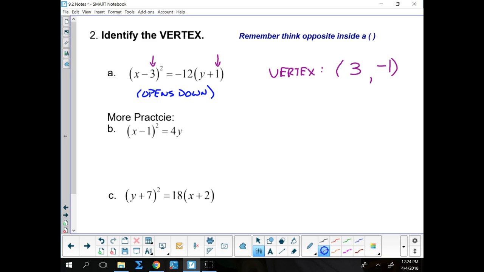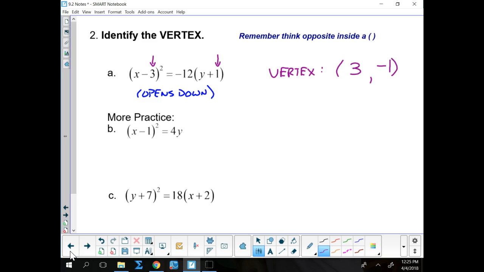B. Tell me which way it opens. Tell me what the vertex is for B and C. Tell me opening and vertex. Opening of B. Up, down, left, right. Agree with up. Okay? The squared term is x, so that's up or down. 4p is positive, so that just leaves me with up.